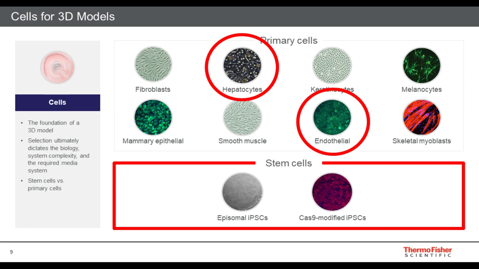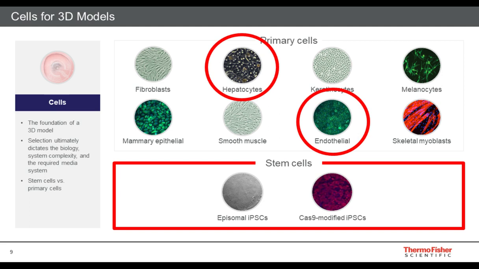But simply culturing hepatocytes in a spheroid culture immediately provides huge advantages to the longevity of this model, as it's been shown by scientists at Thermo Fisher, as well as various other places, that hepatocyte spheroids can be cultured for many days and many weeks, allowing scientists to study other features of drug toxicity, low turnover compounds, and things that weren't very easily achievable before 3D.